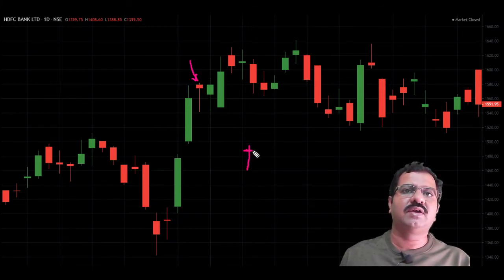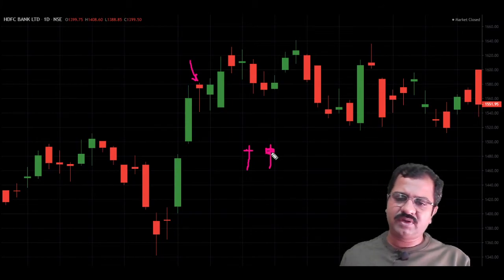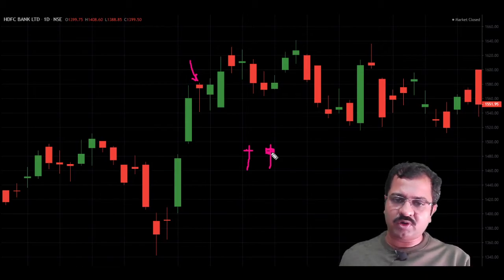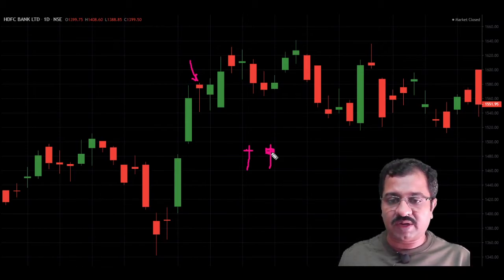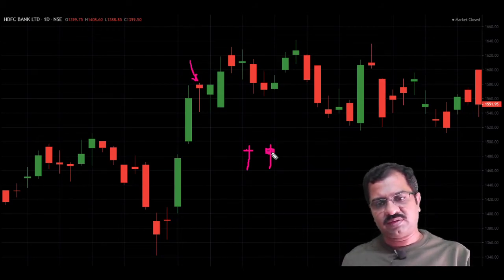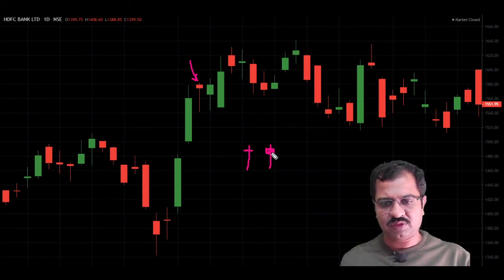This is a dragonfly doji, and this is a hammer. The significance of hammer and dragonfly doji is the same. So watch again what I told about the dragonfly doji, and the interpretation and context of the hammer is also similar. If not exactly the same, it's similar.